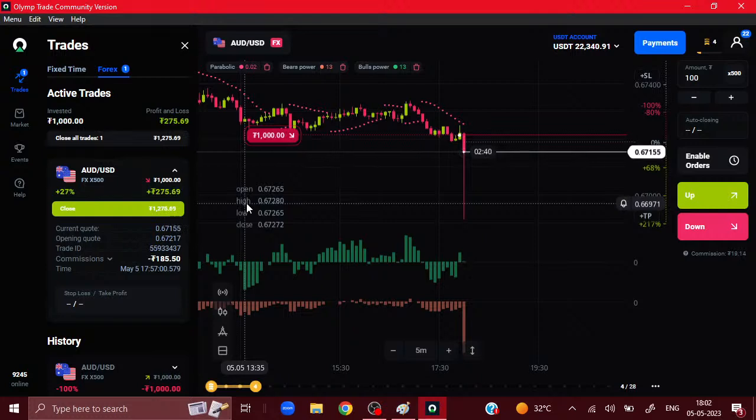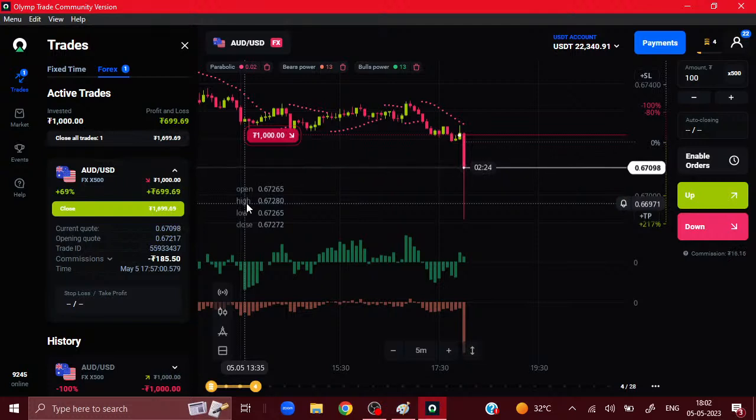Guys, you should be trailing your stop loss manually. Okay, so this is how you can trade on the NFP.